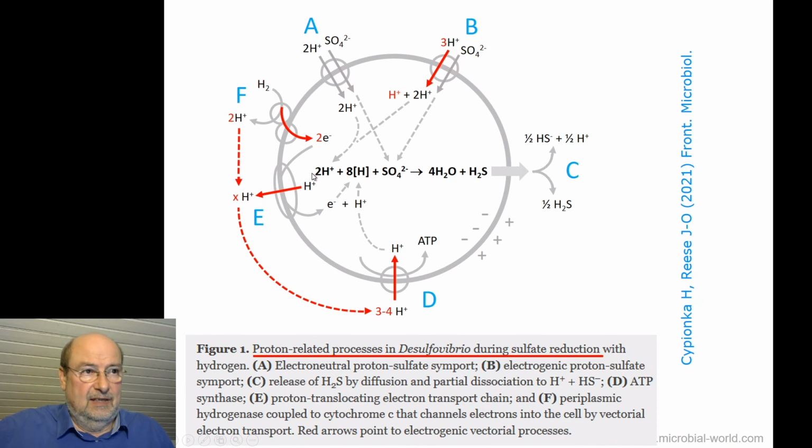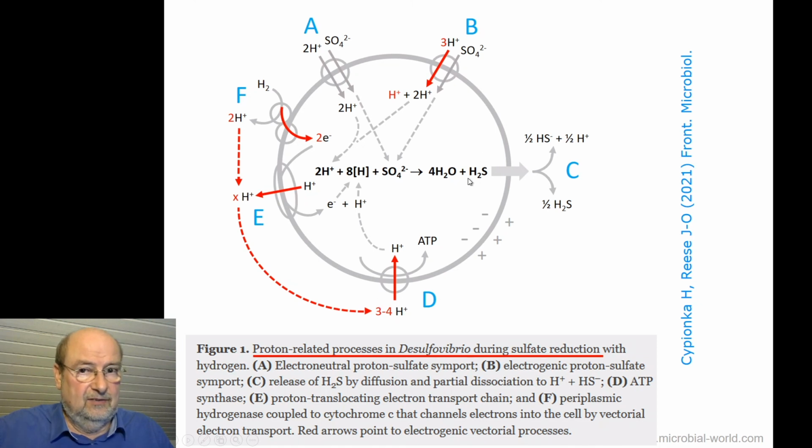Then inside the cell we have the sulfate reduction. Sulfate does not have any protons, and the H2S formed carries 2 protons, and this might be the 2 protons that just have been taken up together with sulfate, and the release of H2S can be by simple diffusion. So you don't need a transport system like here, here, and here.